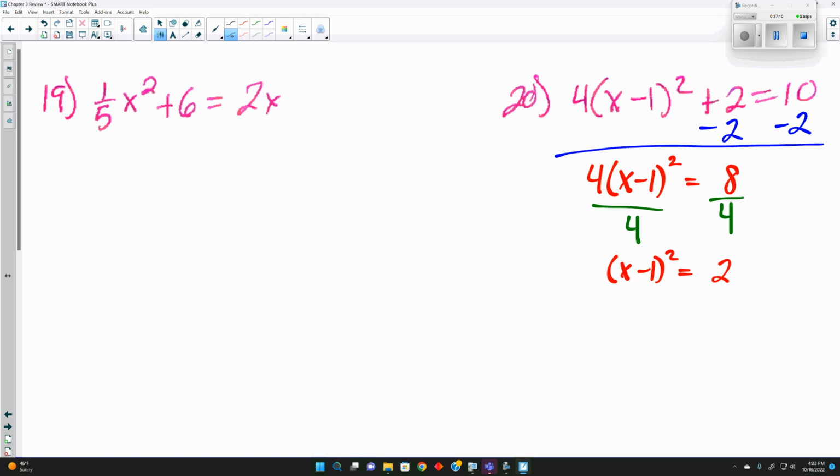Now the set of parentheses squared is by itself, so we can square root both sides. And the square root and square here will cancel, telling us that I have x minus 1 is equal to, again, whenever we take the square root of both sides, we'll have the plus or minus square root of 2.